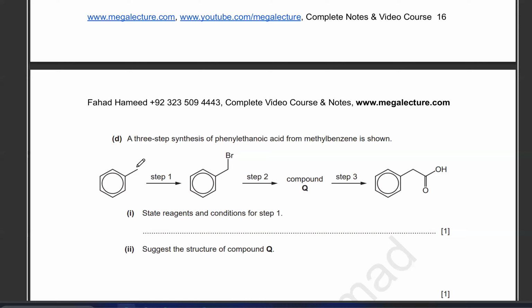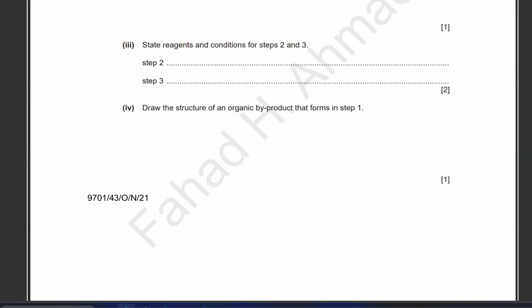Do you remember? Electrophilic substitution? Free radical substitution? Oh, UV light. Yes, you wanted Br2 and UV light, right? So keep this in mind. This is not electrophilic substitution. This is just bromine getting added to the carbon chain, and that happens under UV light. That's compound Q. That's a reaction we haven't done, so forget that.